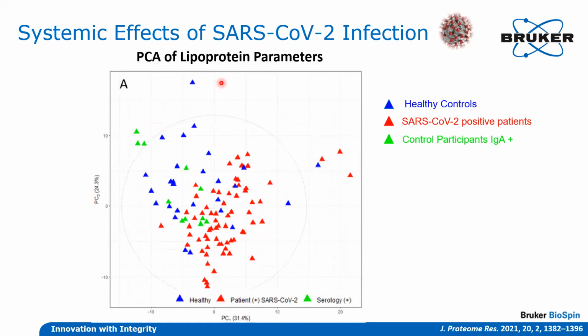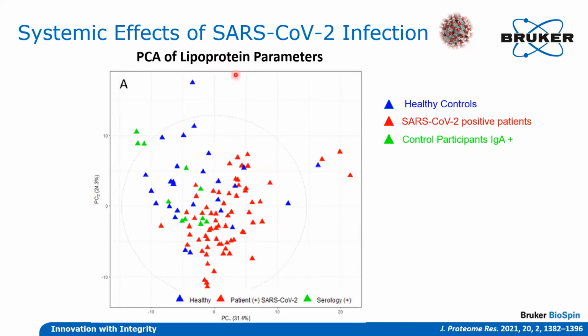Most of the samples from the healthy participants, which are blue, including those from the healthy group who tested positive for IgG, shown here as the positive IgG, are grouped on the left-hand side of the graph. The SARS-CoV-2 positive patients cluster at the right-hand side. So the lipoprotein profile is very similar to the full spectrum.